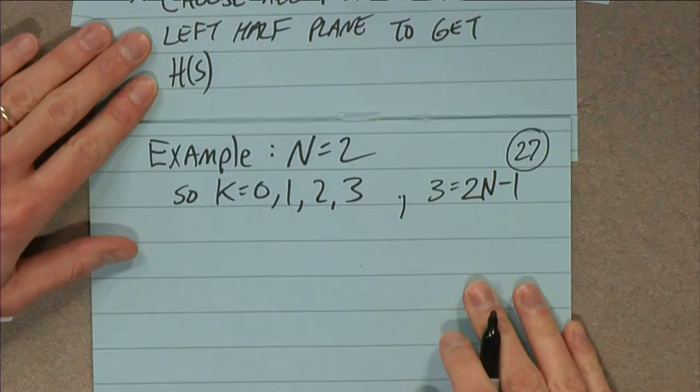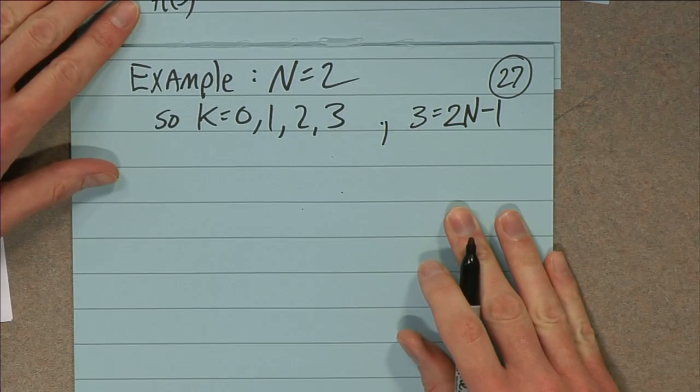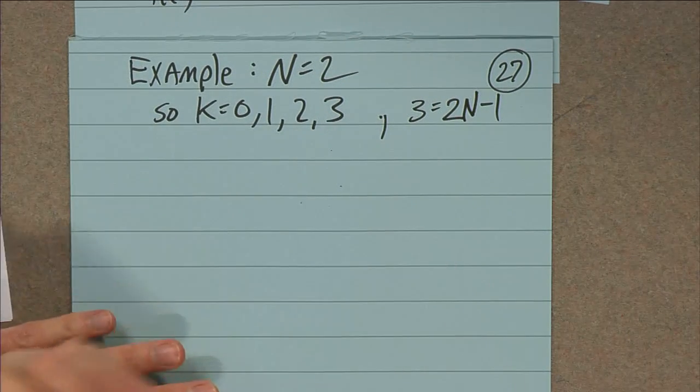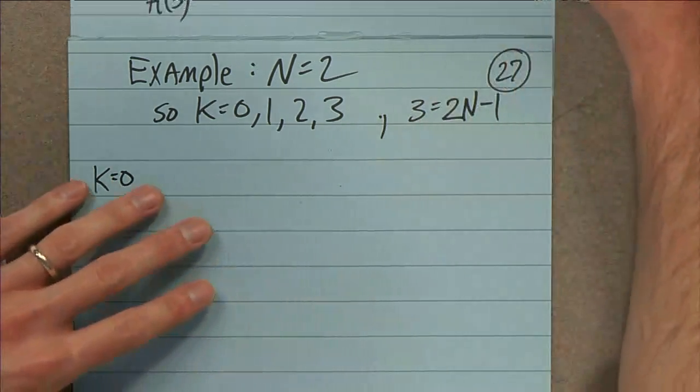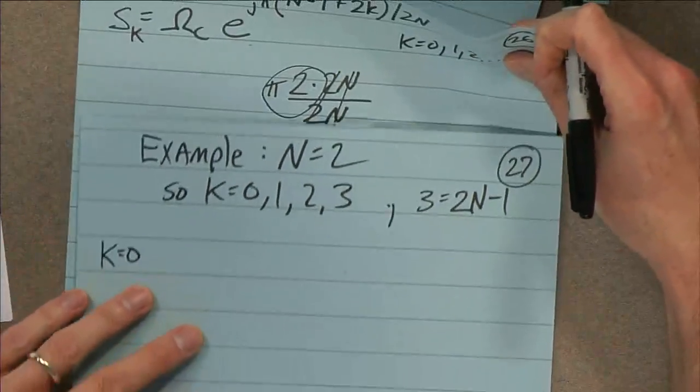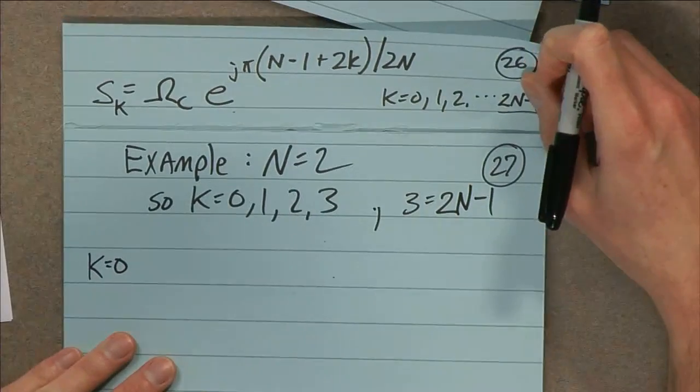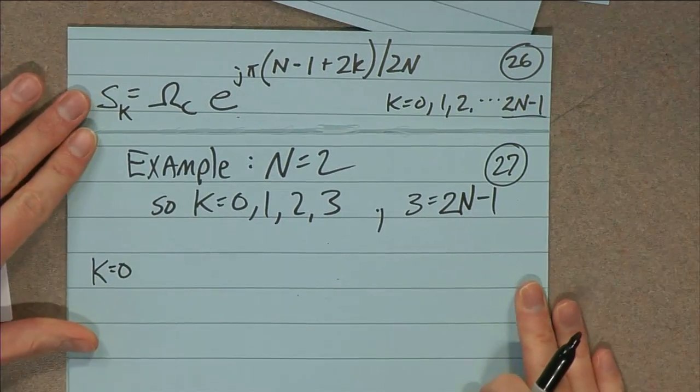So we know we're going to have 4 poles total, and then we're going to select the ones that are in the left half plane. If k equals 0, let's go back to our handy formula that we'll look at to help us along.